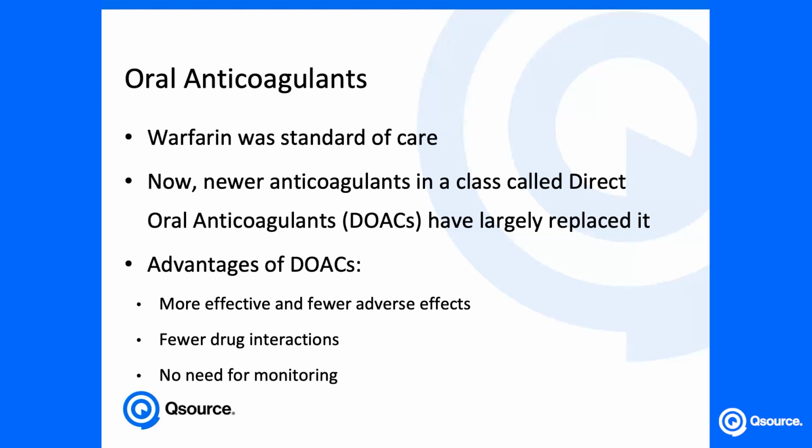Warfarin is associated with significant amounts of drug interactions and food interactions, and we avoid most of that with our new oral anticoagulants. The need for monitoring that is present for warfarin is absent with these newer agents. So you're seeing, I'm sure, over the last 5 to 10 years, a movement away from warfarin and towards these newer agents.